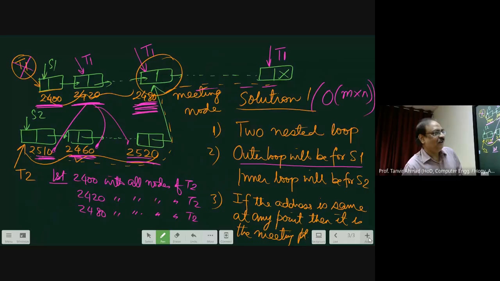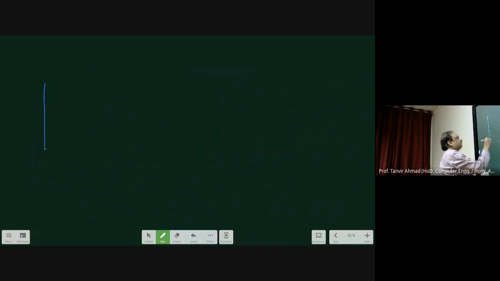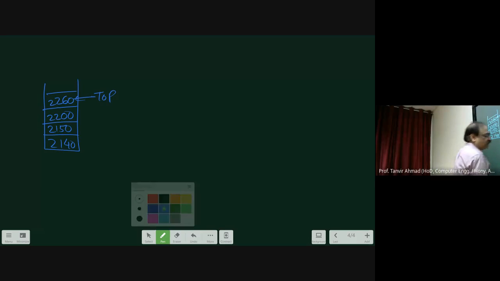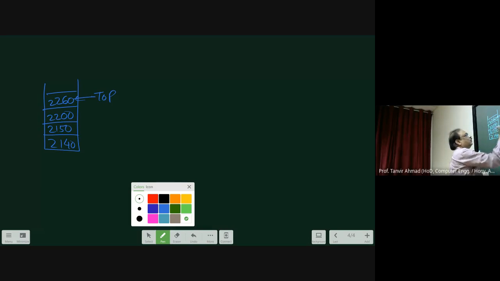Now let us try to see. Our stack is like this. It has your numbers in it. Okay, here is the top. Now what you are going to do, you are going to pop 2260.